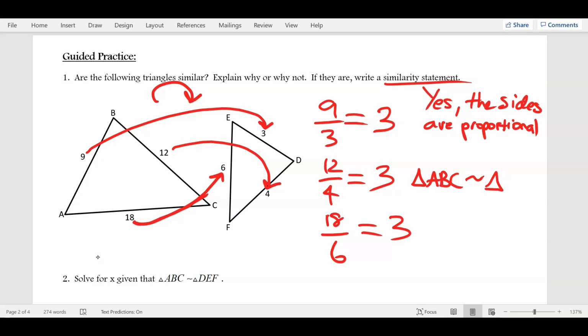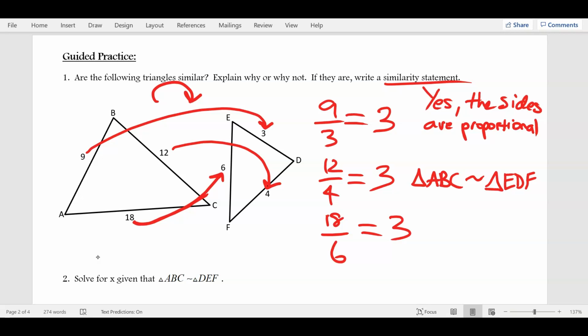Okay, so it's been rotated. A goes to E, B goes to D, C goes to F, so it's EDF. All right, so you see how that works. If they ask you, is it similar, you got to show three fractions that are the same, that's proportional, okay?